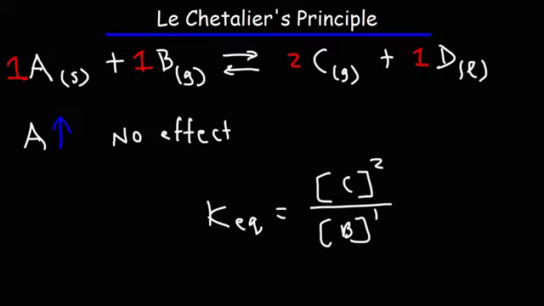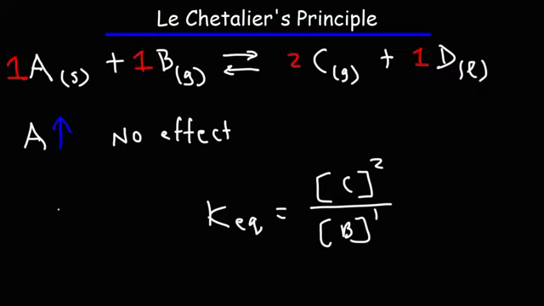The only thing that will affect K is gases or substances dissolved in the aqueous phase. So if it's not dissolved in an aqueous solution or if it's not a gas, it's not going to be included in the equilibrium expression.